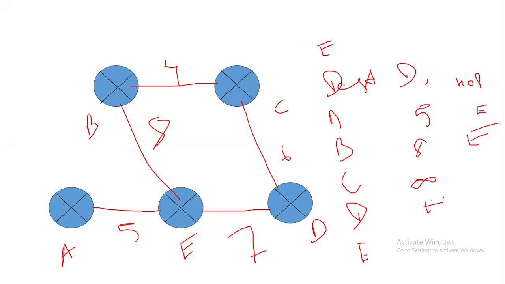How much? 7. And E to E, it's 0 because there is no distance and it is going to be E. That is how all the connections will be happening in the calculation while going to node A, node B.